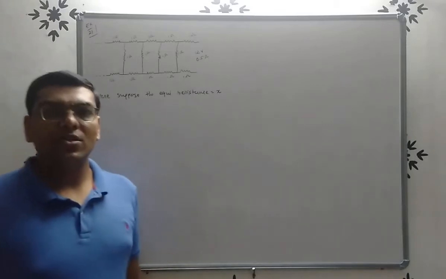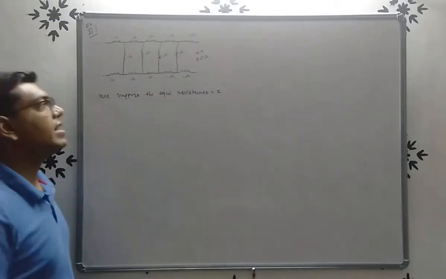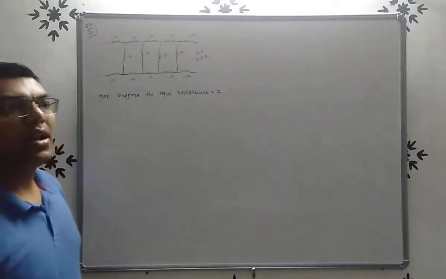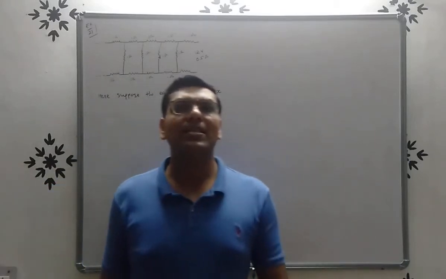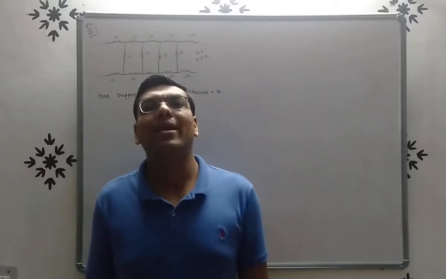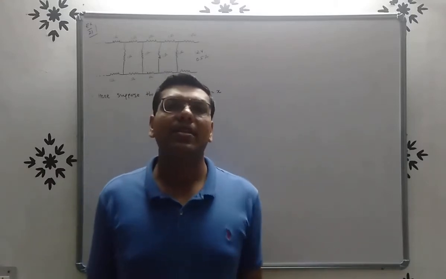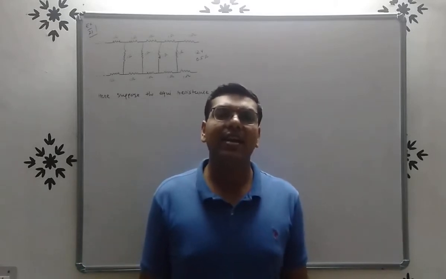So here we assume that the equivalent resistance of this infinite network is X. Now here there is an infinite network. So if there is an infinite network and we add some small element into this network, then there will be no difference in this infinite network.